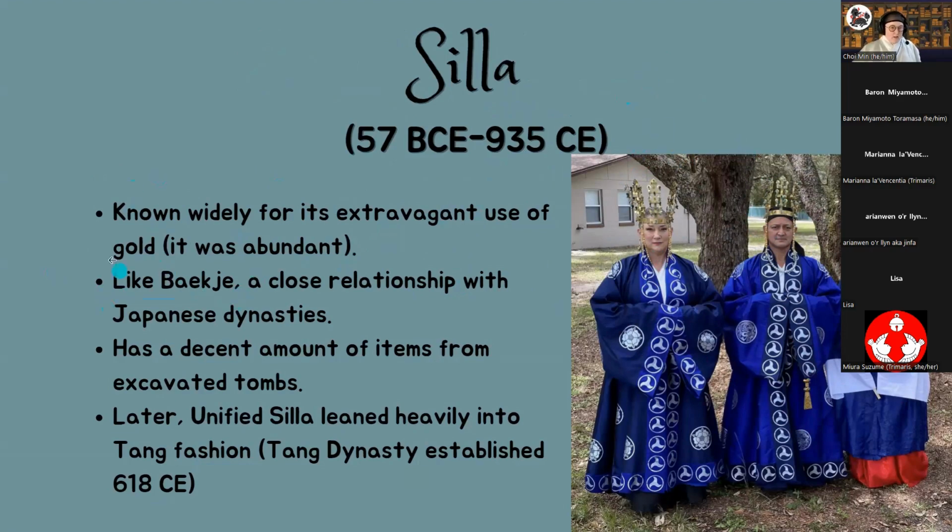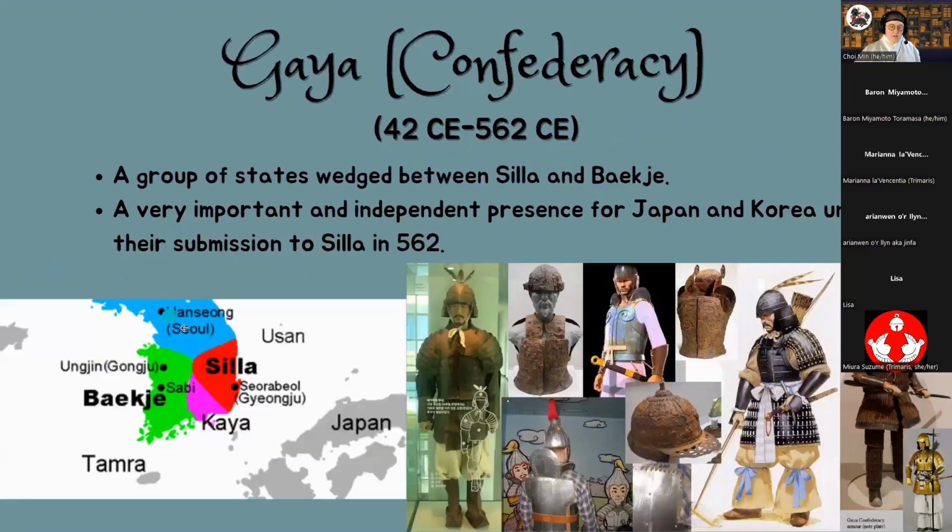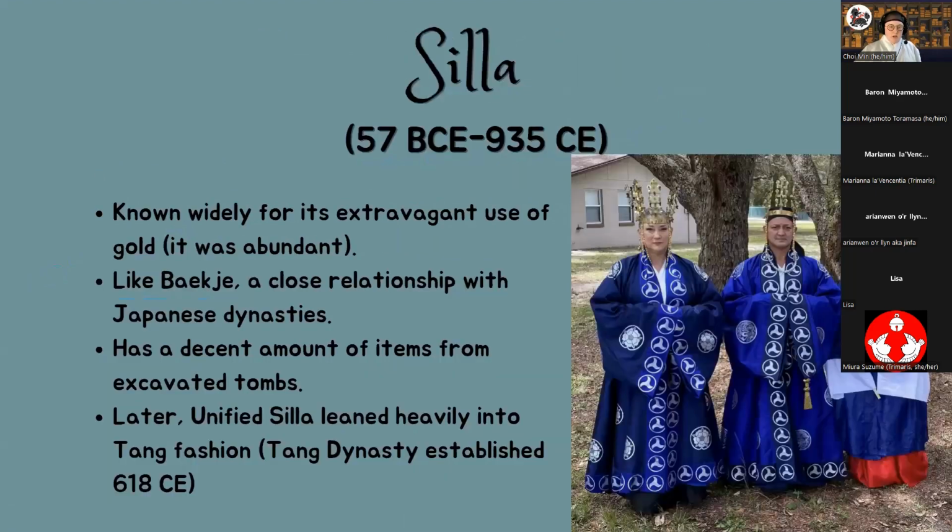And then here you can see I have Silla as starting in 57 BCE and going to 935 CE. Now, Silla dynasty in that dynastic struggle does eventually conquer all of these. So Silla dynasty is hard to separate out because we have early Silla and then we have unified Silla is what we call the next era that we'll get to.